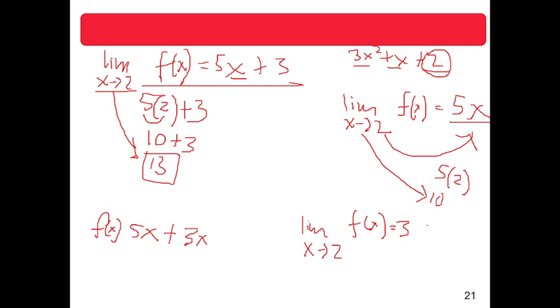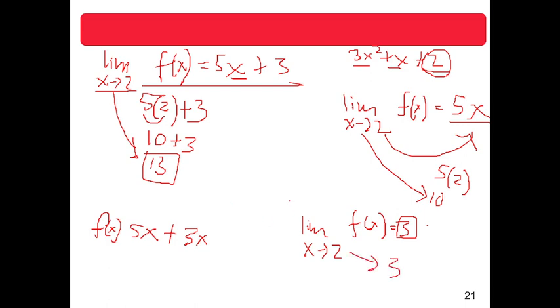So when you have a function of a constant, for example this one, can you see any variable with it? None. So if you don't have any variable, you don't have to substitute anything. Therefore, the value of your limit would simply be 3.